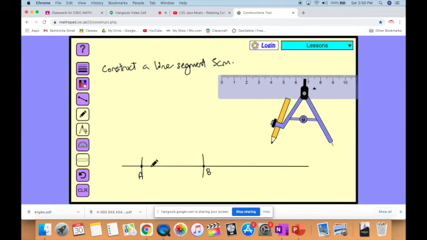So you have these 2 arcs here, and now you have constructed a line 5 centimeters, the line AB. Does everybody understand what I just did?